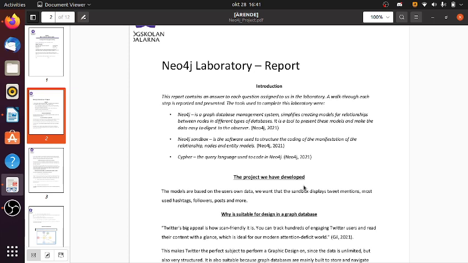So what it basically does is present a model where different types of entities in one database or several databases communicate with each other or have some kind of relationship. The model shows us exactly how they are connected, and what information we can acquire from the relationships and the nodes in the model.